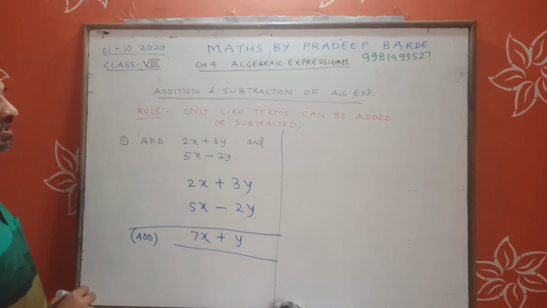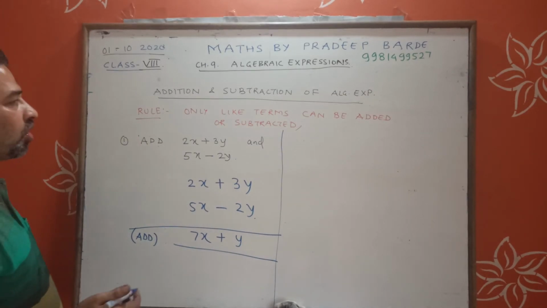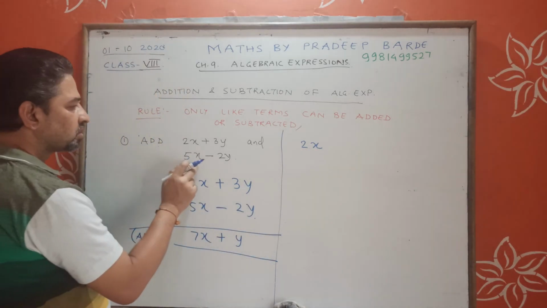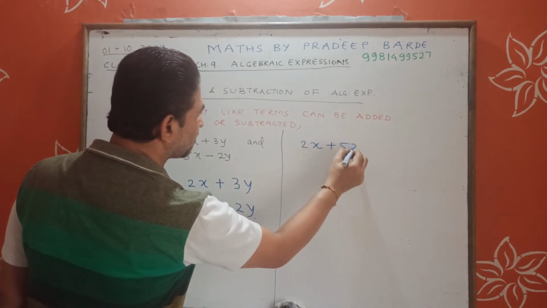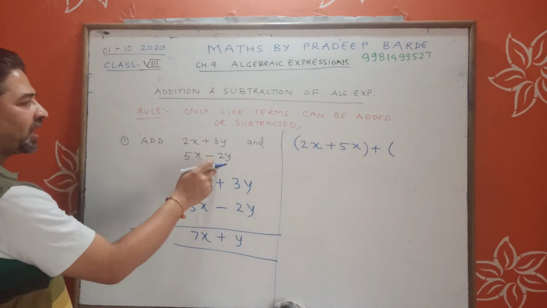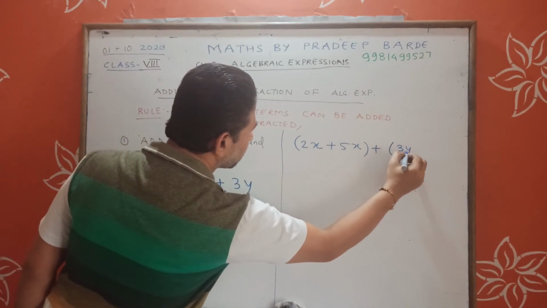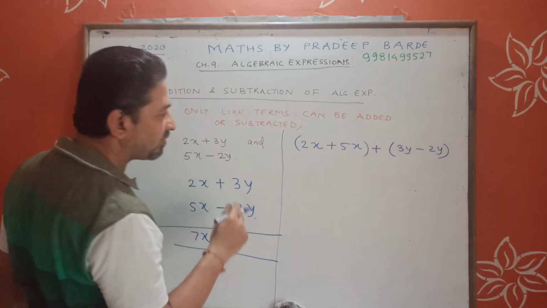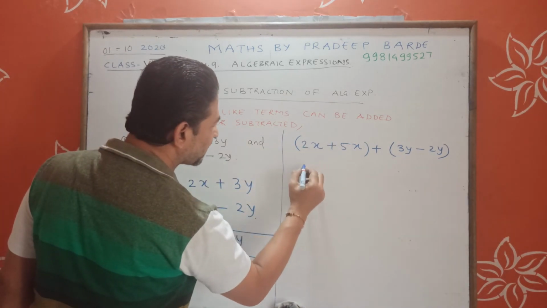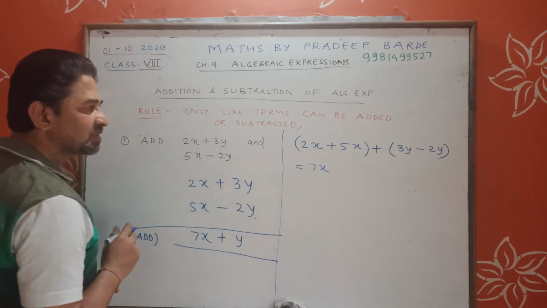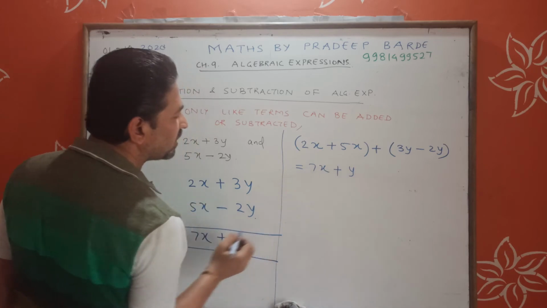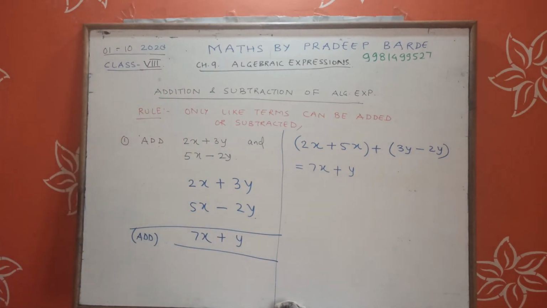This is the answer, that is 7x plus y. Or we can write it like this: 2x plus 5x together, plus in the other bracket the like terms 3y minus 2y. We have written the like terms together. So 2x plus 5x is 7x plus 3y minus 2y is y. So the answer is 7x plus y.